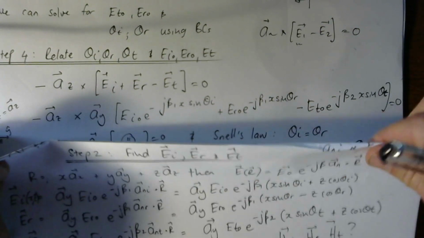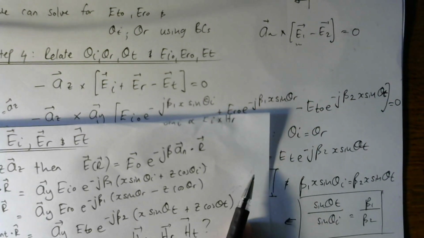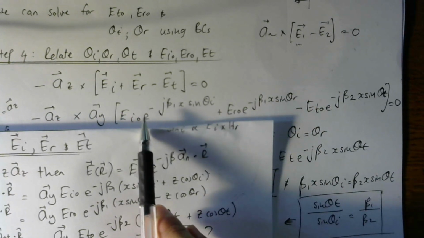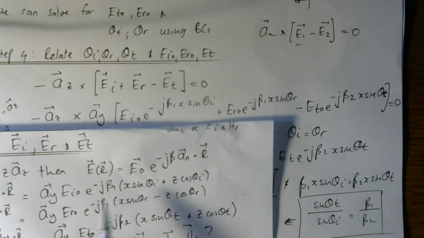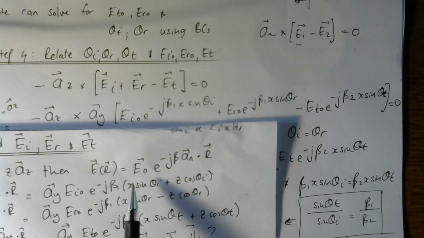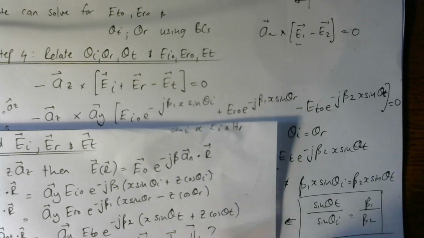So that term, if we look at this part over here, is EI0 e to the minus j beta 1 x sine theta I. But the full one is actually EI0 e to the minus j beta 1 (x sine theta I plus z cos theta I). And why does that fall away?